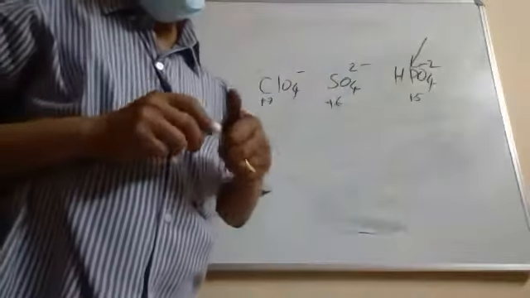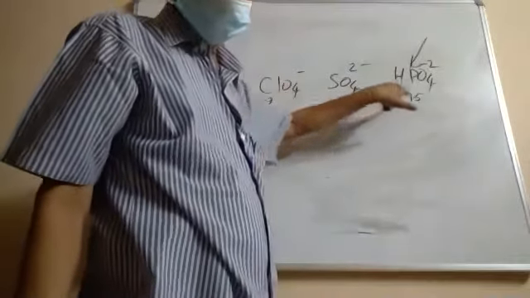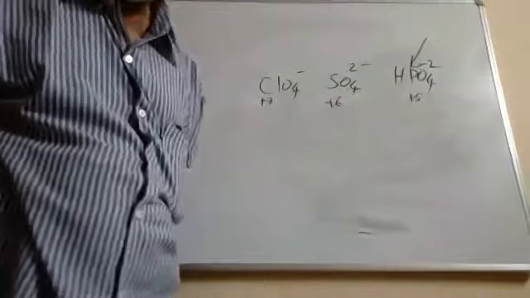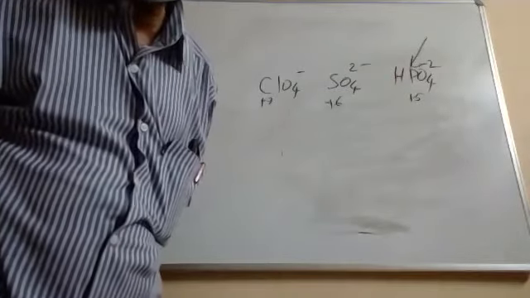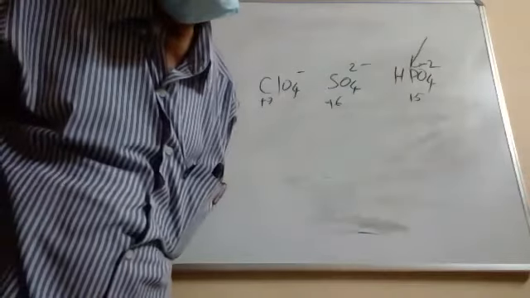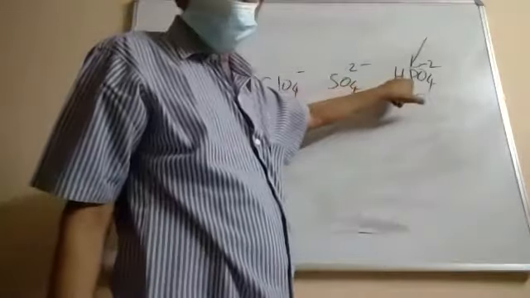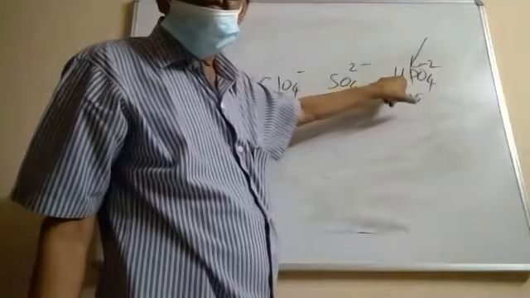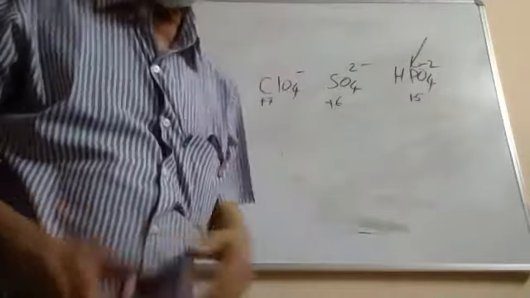So between these species, relatively speaking, compared to the perchlorate or sulfate, monohydrogen phosphates are easily reducible. Am I making sense here, folks? This is clear? One way you can also say that is because the HPO4 can add on another proton to make dihydrogen phosphate, H2PO4 1 minus. So addition of hydrogen is almost like reduction, right? So it's easily reduced here.